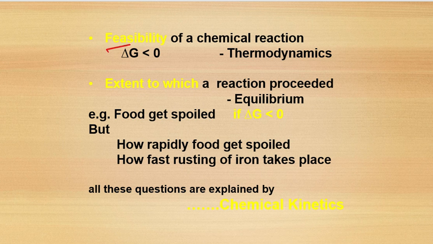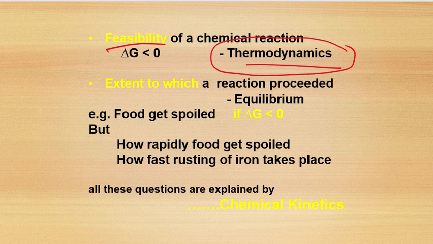What is feasibility of a chemical reaction? In our last year, that is class 11th, we were studying thermodynamics. Thermodynamics always deals with the feasibility of a chemical reaction. That means whether a reaction will proceed or not. It can be determined by certain factors like delta G, Gibbs free energy, delta S, and so on.